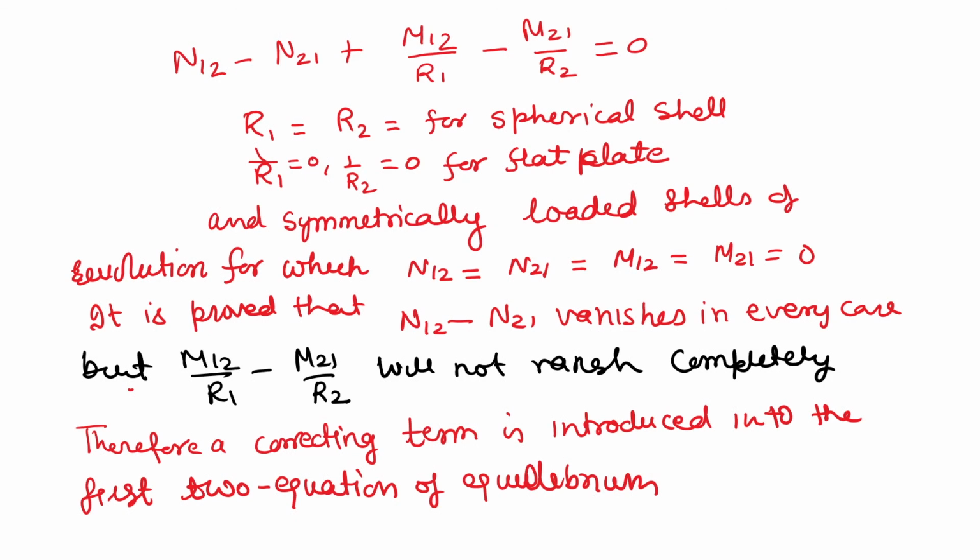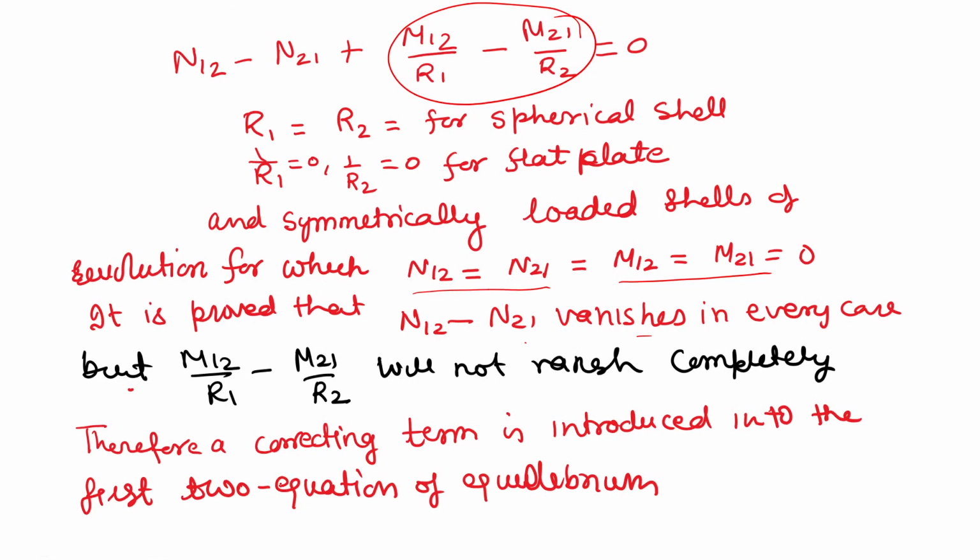And if the shell is symmetrically loaded, the shear components are always 0, the shear resultant, in-plane displacement and couple are going to be 0. So, it has already been established in the literature, in the books, that N21 minus N12 vanishes in every case, but this term may exist, though it may be small.